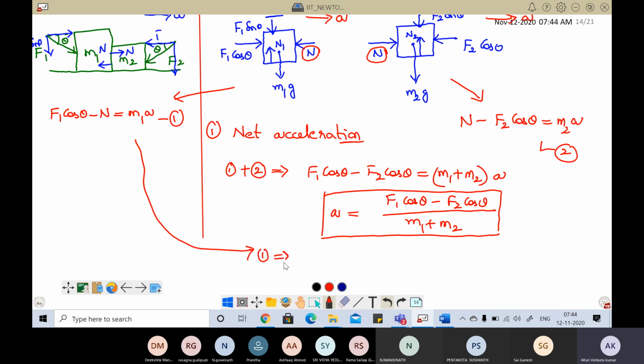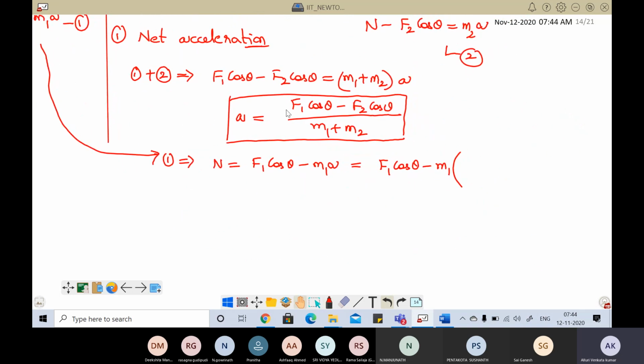So from equation 1 we have N is equal to F1 cos theta minus M1A. So this implies F1 cos theta minus M1 into what is the acceleration here? This acceleration, which is F1 cos theta minus F2 cos theta divided by M1 plus M2.